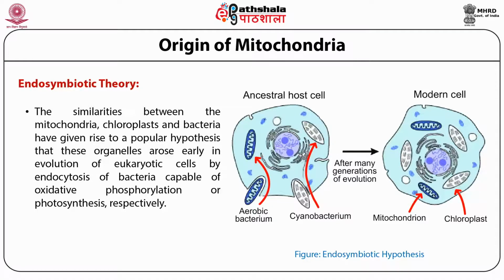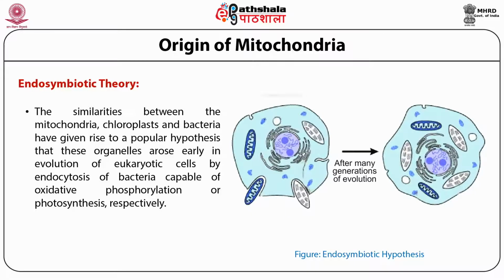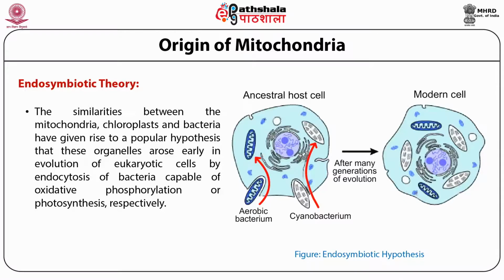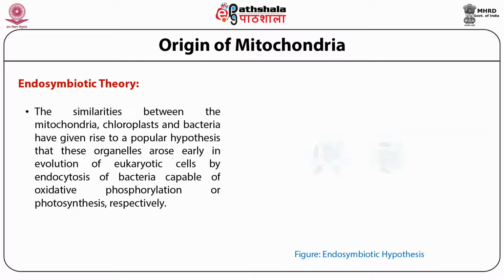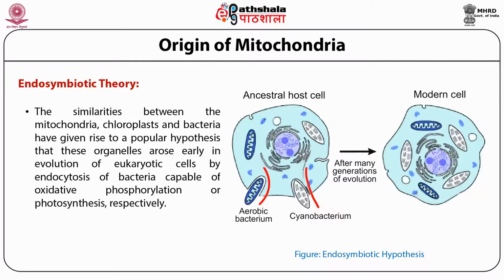This endosymbiotic hypothesis, as it is called, states that the inner mitochondrial membrane would be derived from the bacterial plasma membrane with the globular F1 domain still on its cytosolic face, pointing towards the matrix space of the mitochondria. This can be explained in this figure.